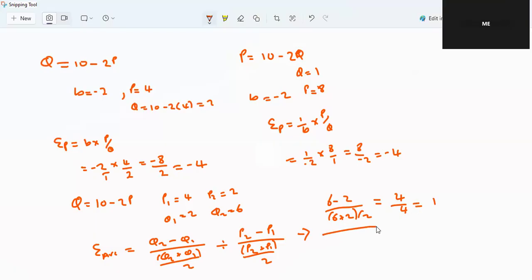Divided by P2 minus P1: our P2 is 2, so 2 minus 4 over 2 plus 4 divided by 2. Here we're going to have negative 2 over 6 divided by 2, which is 3. So this is 0.67. So 1 divided by 0.67 will be our arc price elasticity.